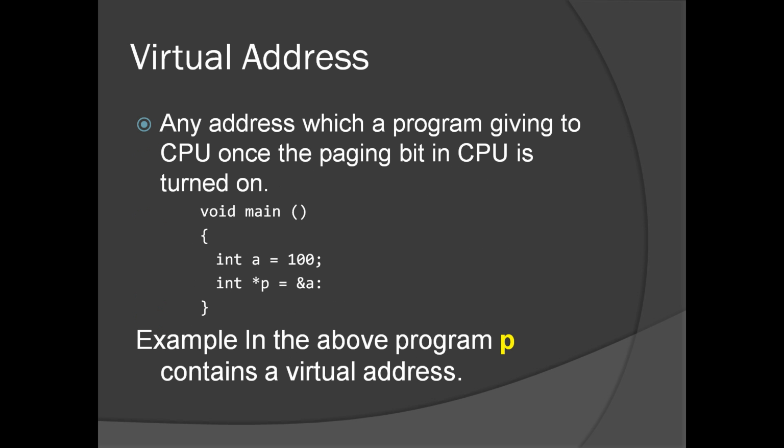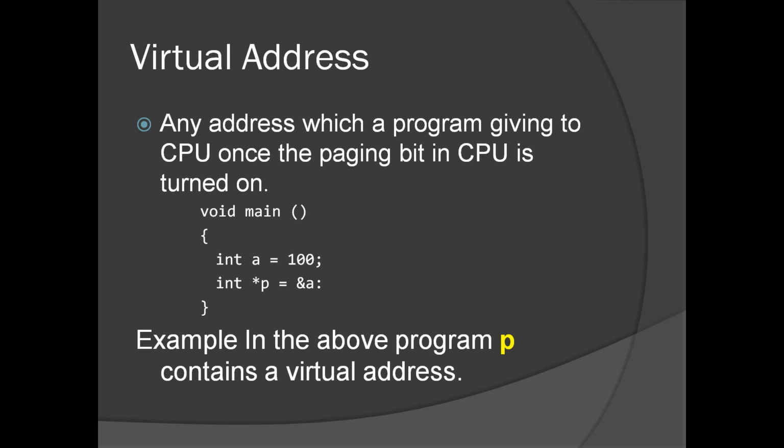For example, void main, int a equal to 100. This is a small C program. Int star p equal to ampersand a. In this case, a is a variable and we are assigning 100 to it. So the ampersand a, or the address of a, is a virtual address. It's a 32-bit number.